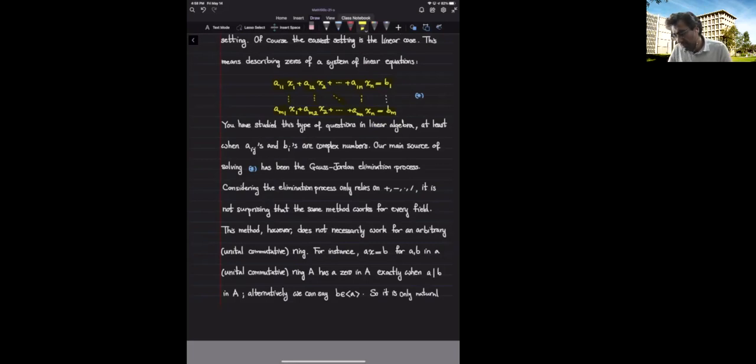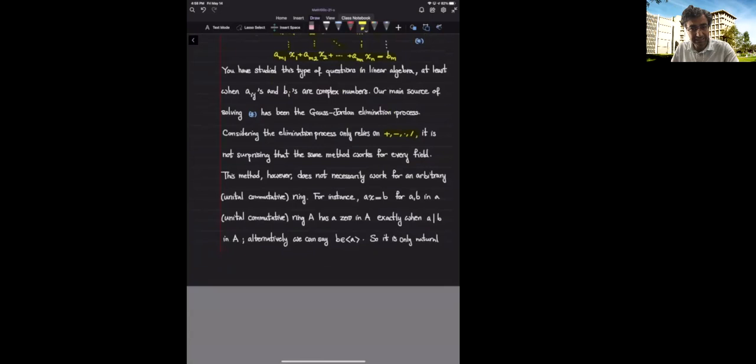And if you think about it, this reduced row or reduced column process involves only addition, subtraction, multiplication, or division, which means that we should be able to do the same process over an arbitrary field. And one can do that. We are not going to discuss it here again, but it's not surprising that one can do this, and it is indeed the case. But the question is, how much of the same argument can be done over an arbitrary ring?